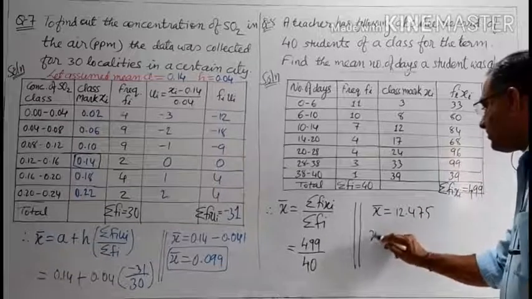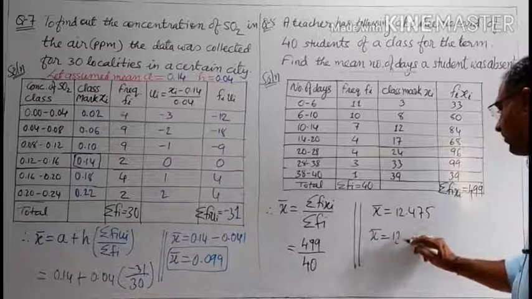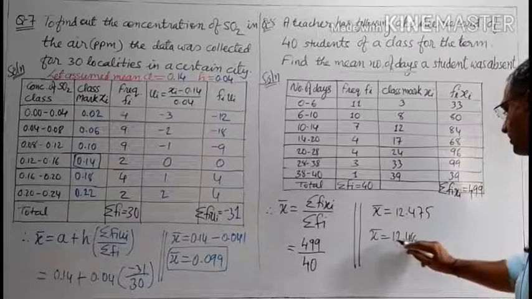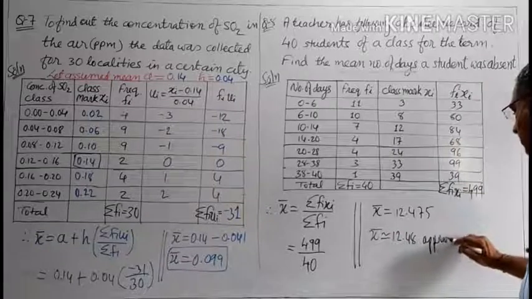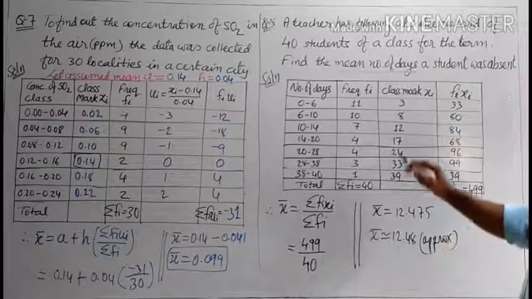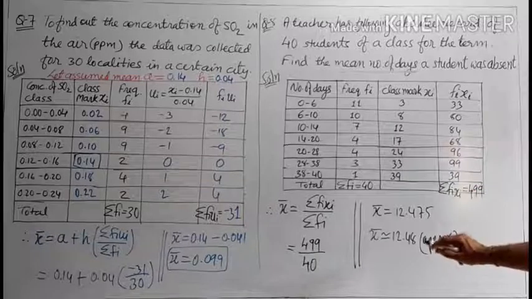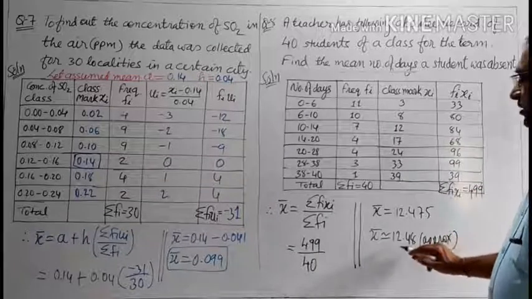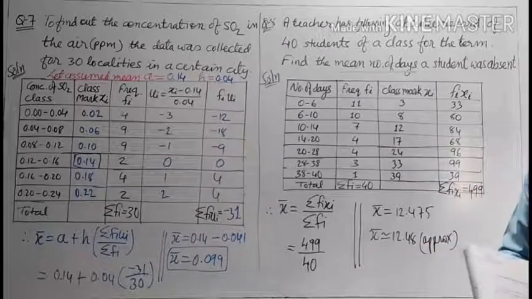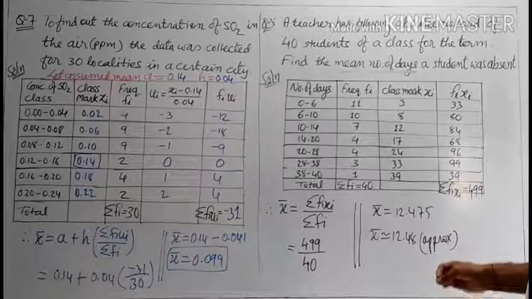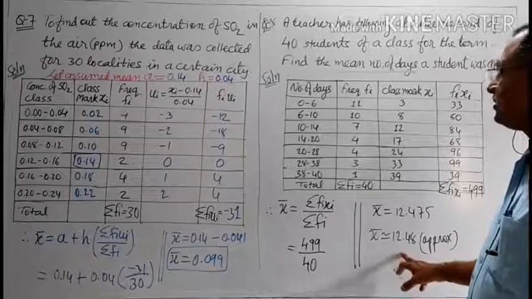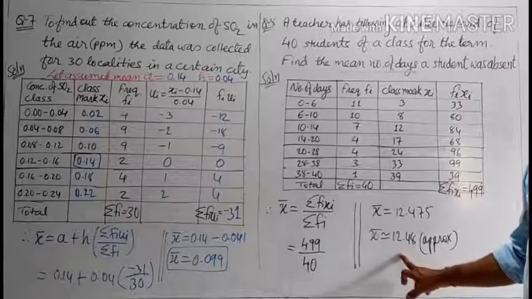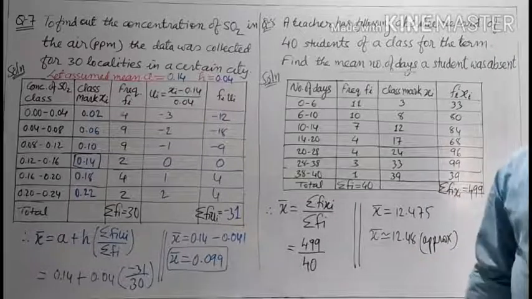So approximately we can say it is 12.48. This is the approximate mean, up to 2 decimal places. 12.48 is the number of days. This is the mean number of days that the 40 students remained absent in the class.